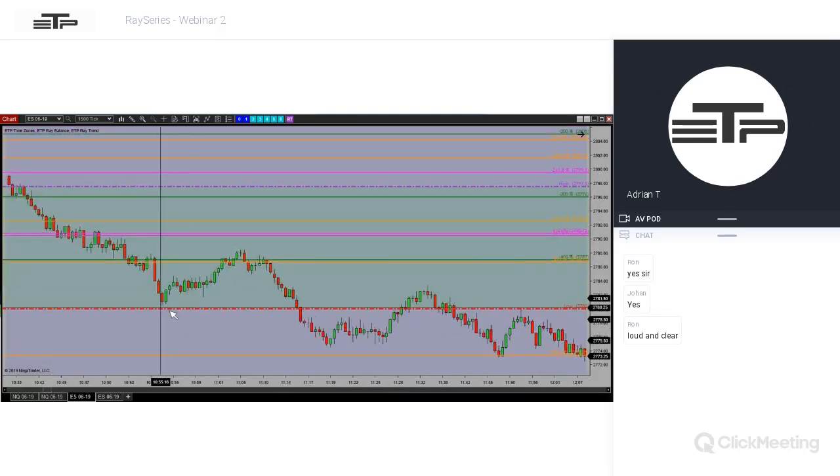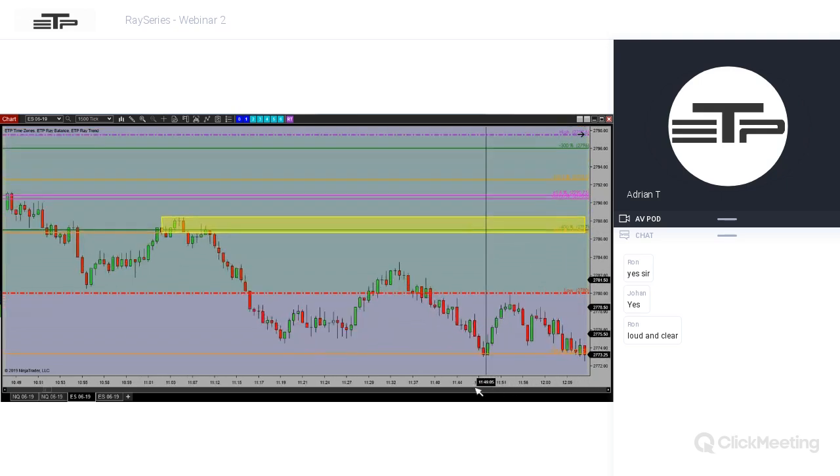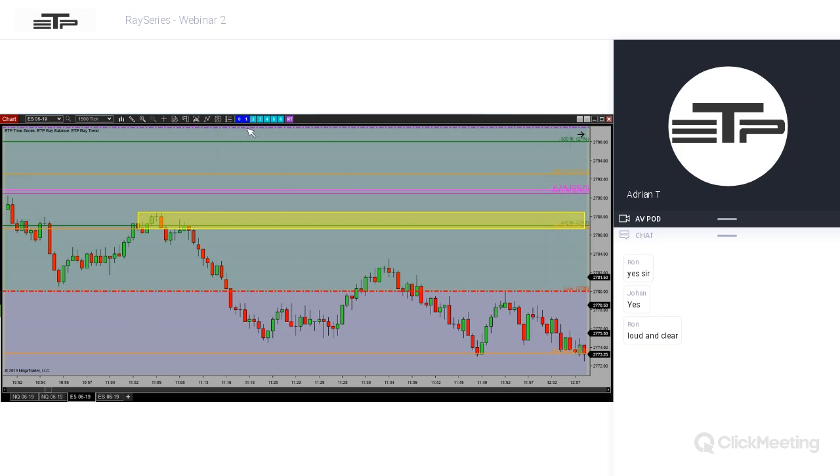We're also going to grab this low as a potential structure level. We're going to draw off this high, and there's very good confluence between the negative 400% of the current day, which is the day previous to this one, and the 38.2% of the previous day.